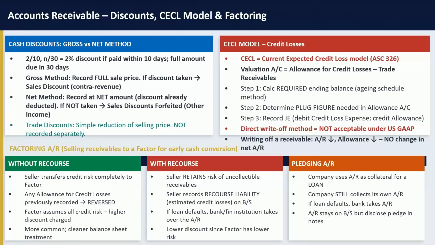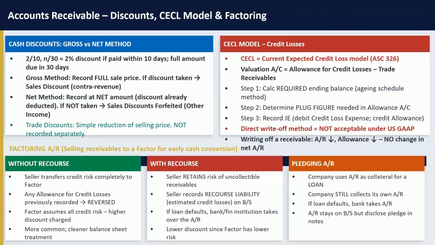But the net method is very difficult to follow because you should know each and every customer's record. So what are the remaining days for this customer? And did he forfeit the sales discount or not? Imagine doing this for hundreds of customers. It's a very difficult task. So that is why companies go through the gross method. Hardly anybody follows the net method.